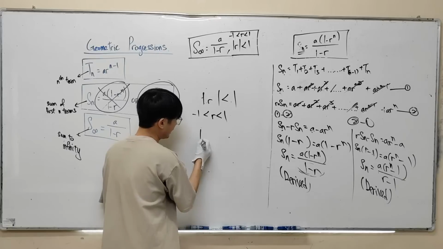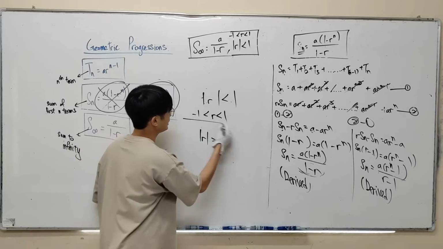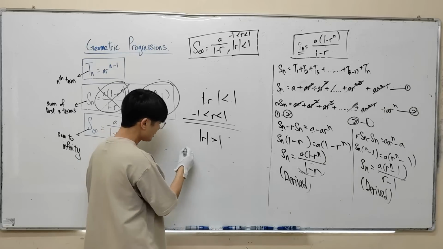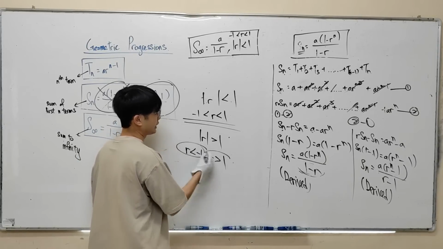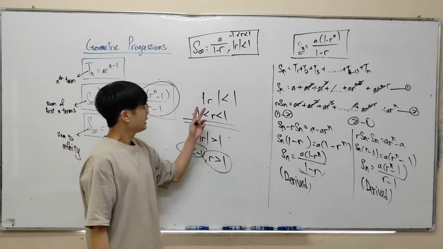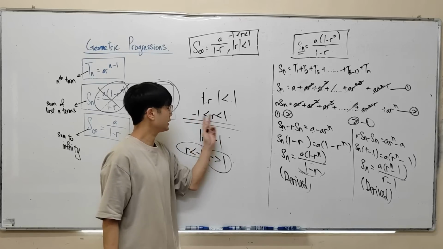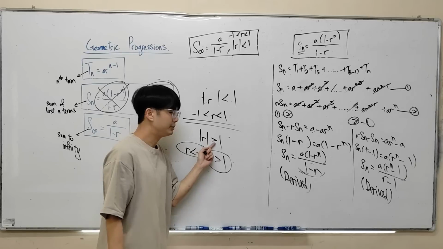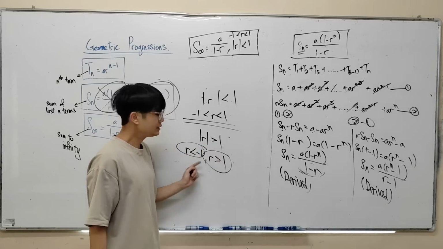But what if I say modulus R bigger than 1 like this? It means R smaller than negative 1, R bigger than 1. Can you see the difference here? If smaller, in between. One positive, one negative, in between. But if bigger, one positive, one negative, but the negative one has to be smaller, the positive one has to be bigger.